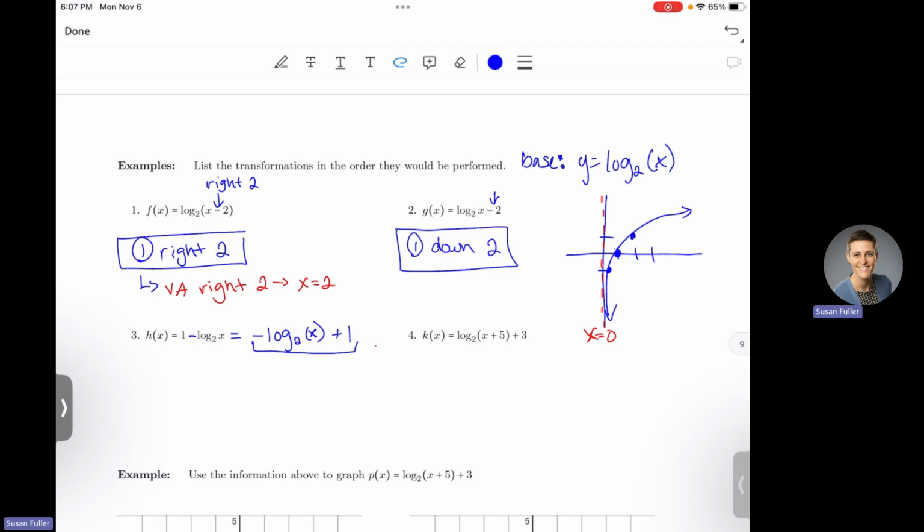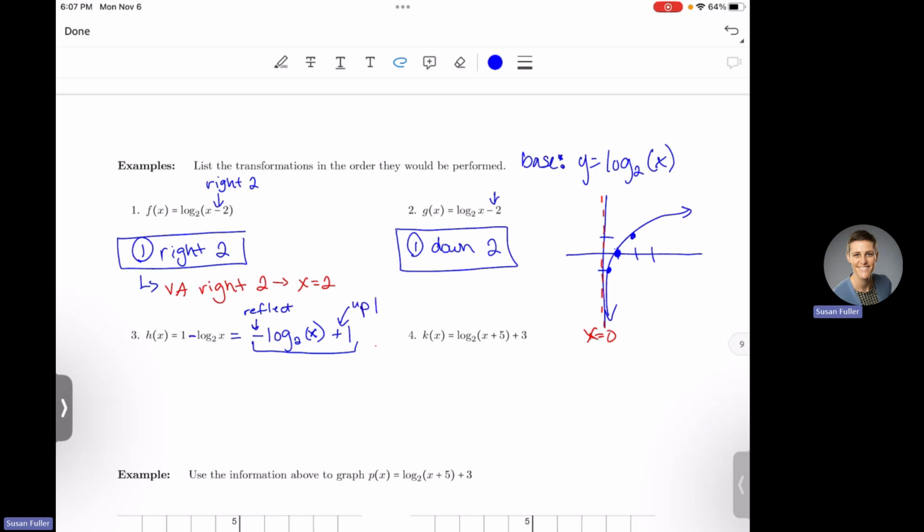Okay, so now that I've reorganized, let's figure out what these transformations are. This negative out front, what's that going to do? Yep, that's going to reflect us up and down. And then the only other transformation I have is this +1 on the outside. And because I'm adding to the outside, that's going to be a vertical shift, and it's going to move up 1.